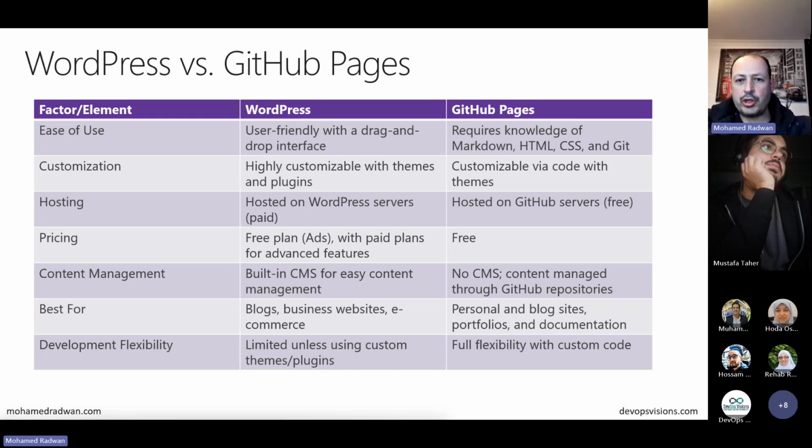For CMS, or content management system, WordPress is built with a CMS, very easy, but with GitHub Pages, there is no CMS. This is why WordPress can be used for e-commerce or business websites.